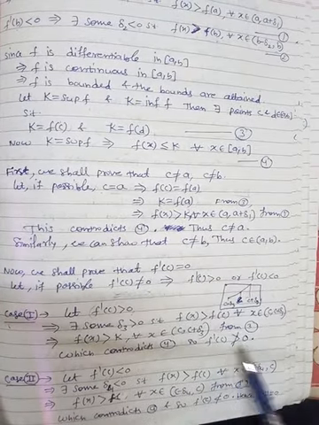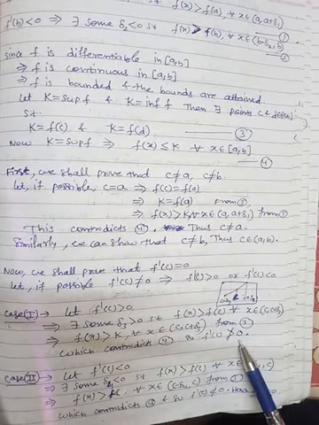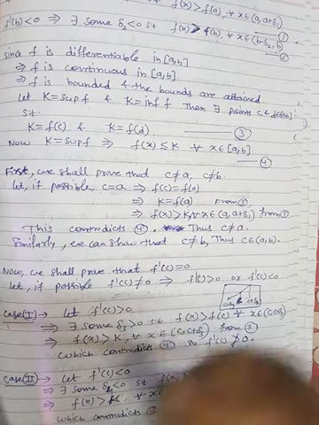So f dash C is not greater than 0. So this is wrong.